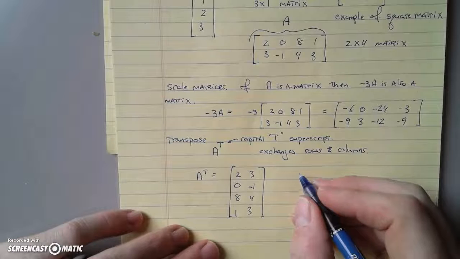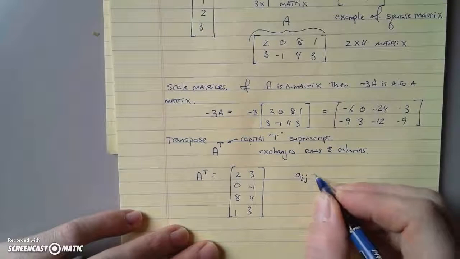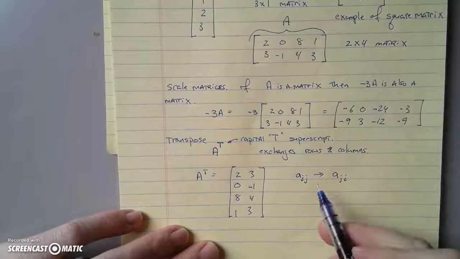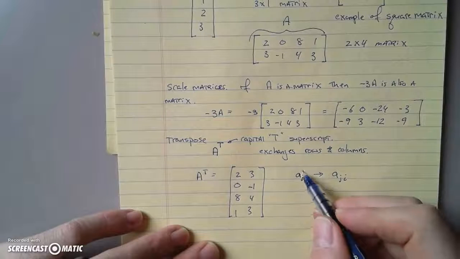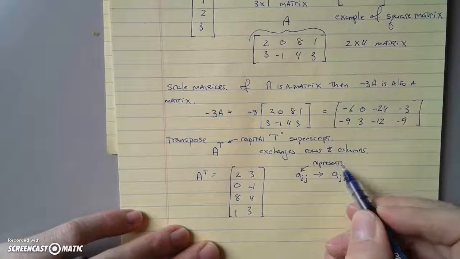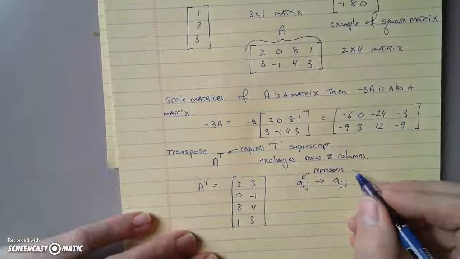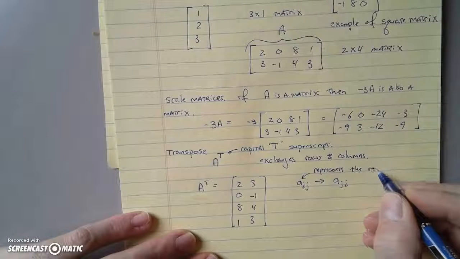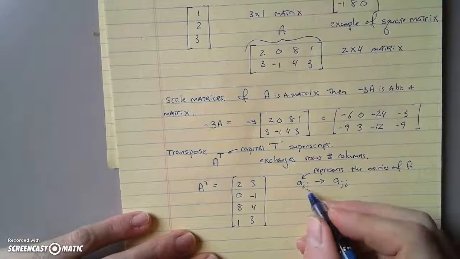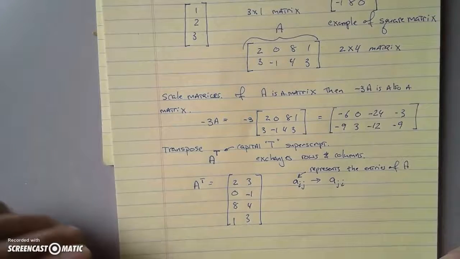So you'll sometimes see this denoted as little a i sub j goes to little a j sub i, where little a represents, as it does above, the entries of A, and this switching of indices represents swapping the rows and columns.